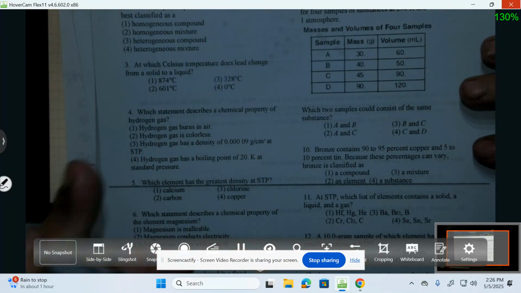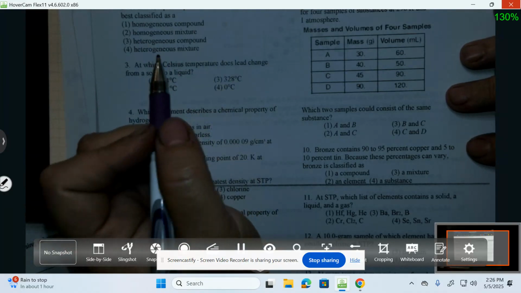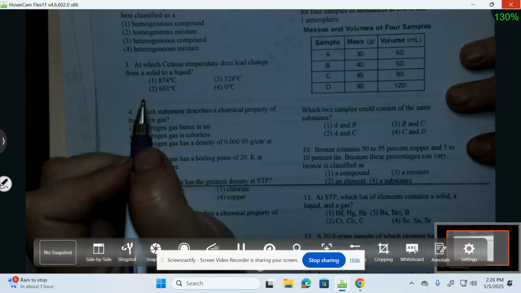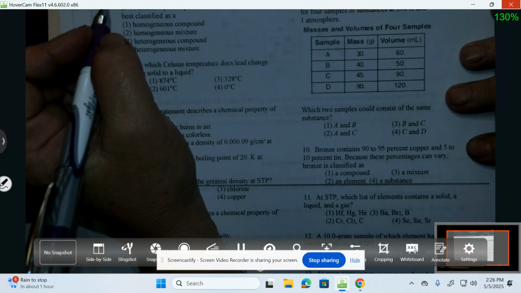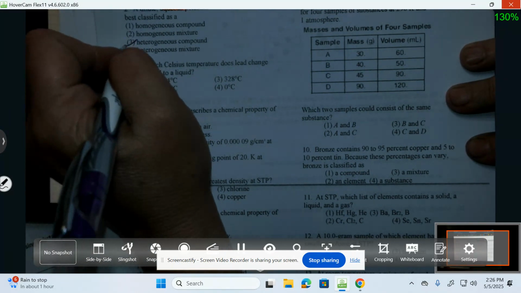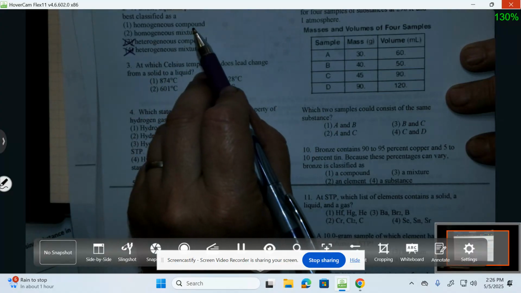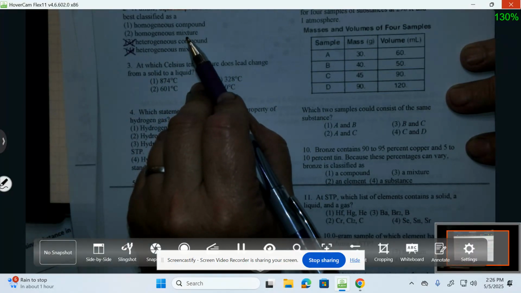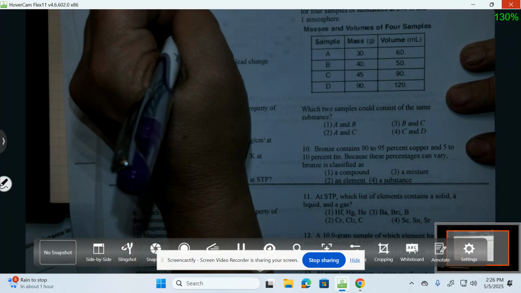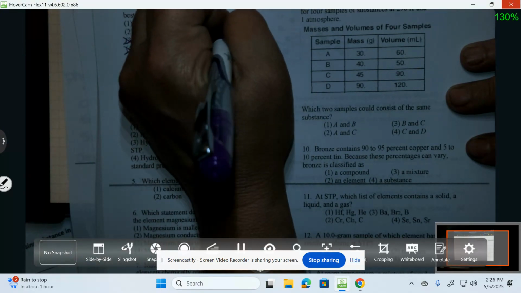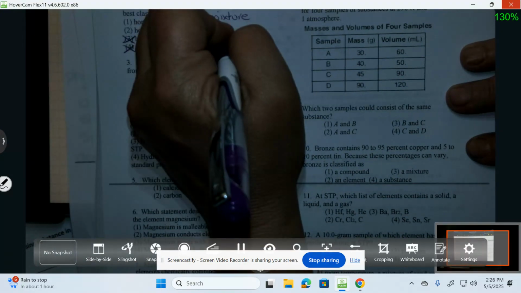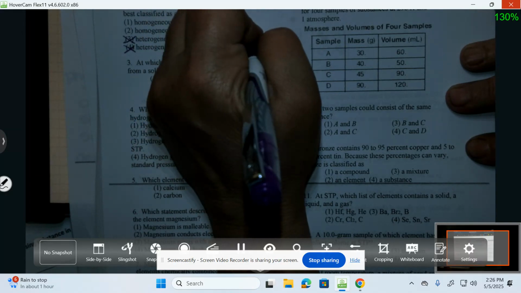If it says it's a solution, then we know it's a homogeneous mixture. So we know it can't be heterogeneous. Is it a compound or a mixture? As soon as you see the word aqueous, we know it's a mixture, because by definition, aqueous means mixed with water.